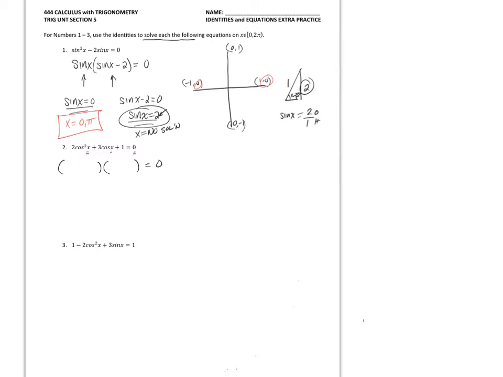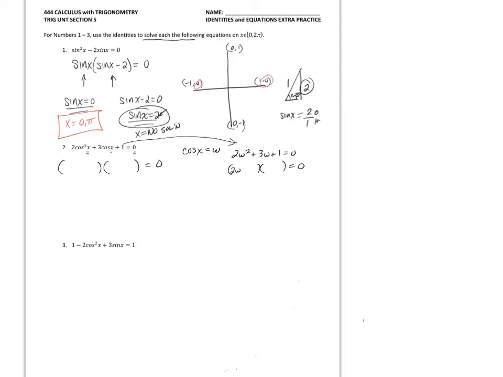You may benefit from calling the cosine of x some other letter like w, and then rewriting this expression as 2w squared plus 3w plus 1 equals 0. And maybe it's easier for you to factor when it's just a variable and not a trig function.